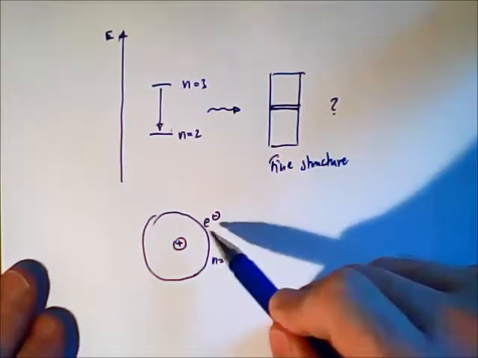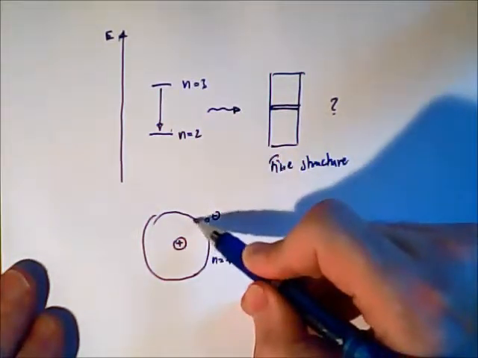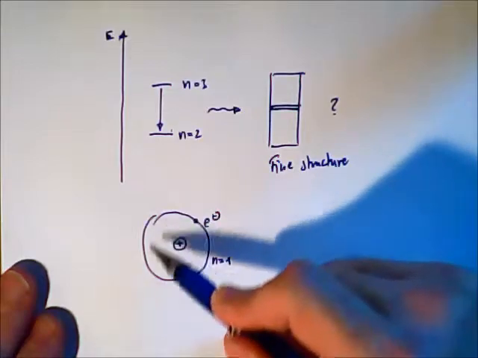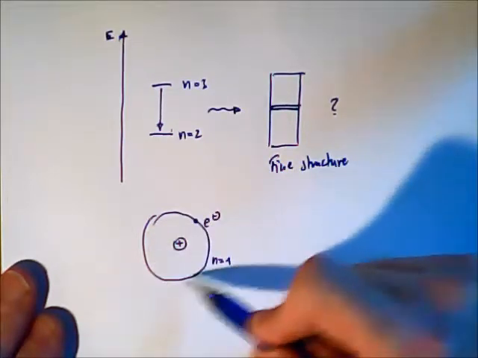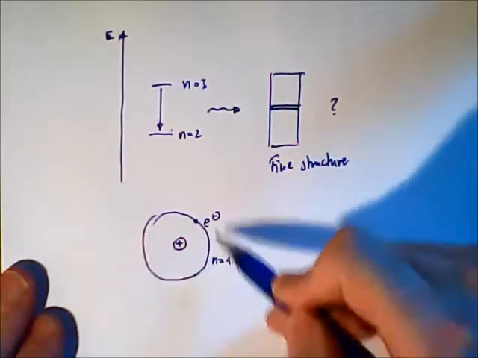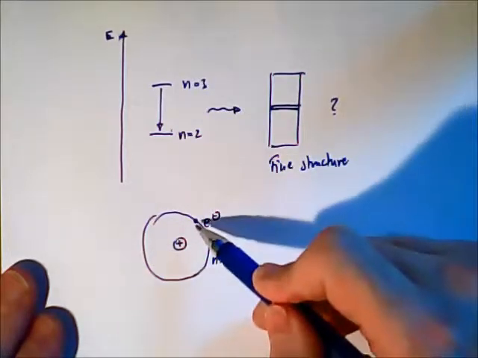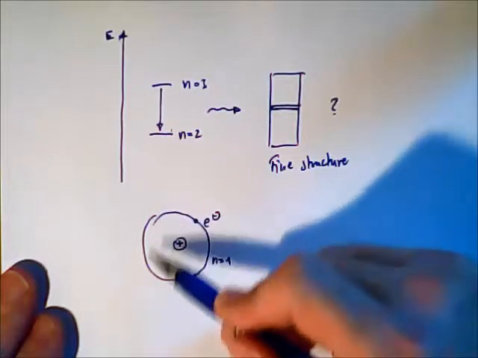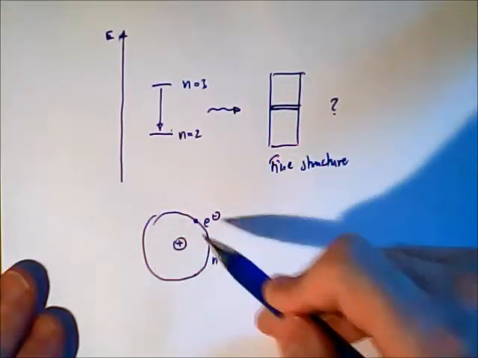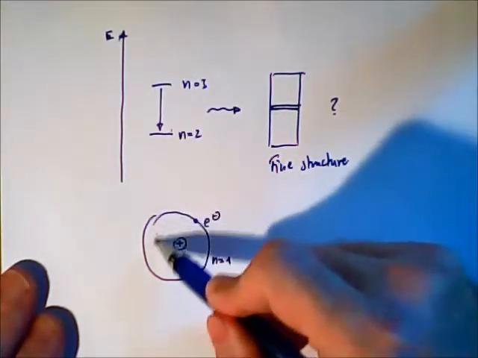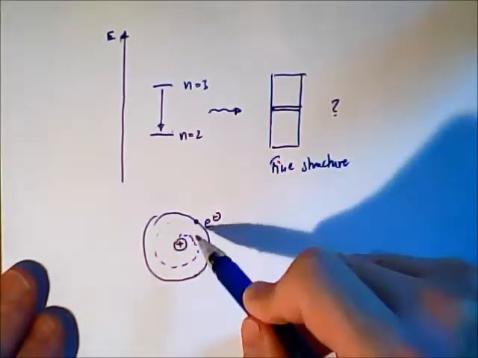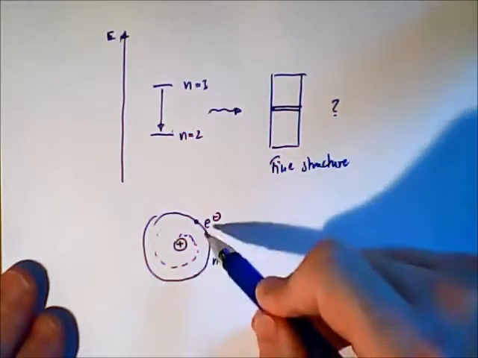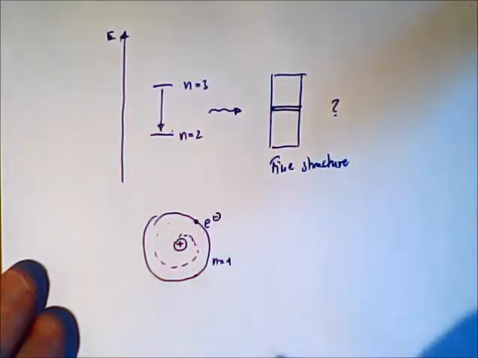And especially from classical physics, when we have an electric charge that accelerates, like in a circular motion, it will emit energy. That means an electron rotating around a nucleus in this manner will lose energy, and eventually it will fall down into the nucleus. It cannot be stable in this situation when we look at classical physics.